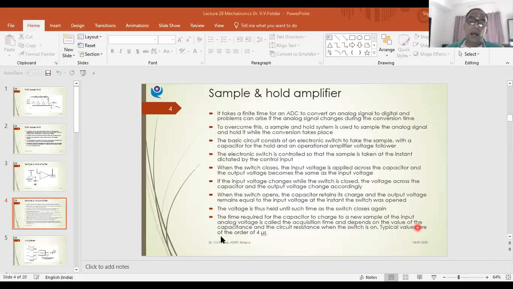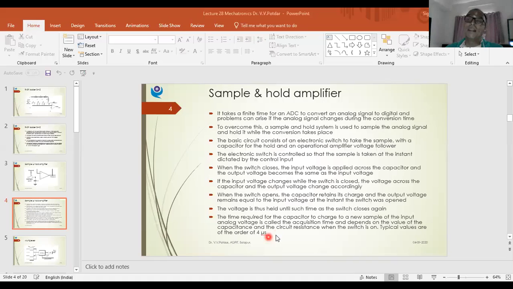Typical values of the acquisition time are of the order of 4 microseconds. Okay, so a millionth part you can say. Millisecond म्हणजे किती?